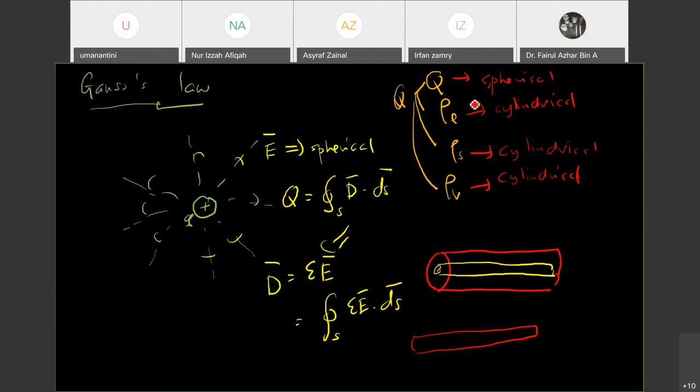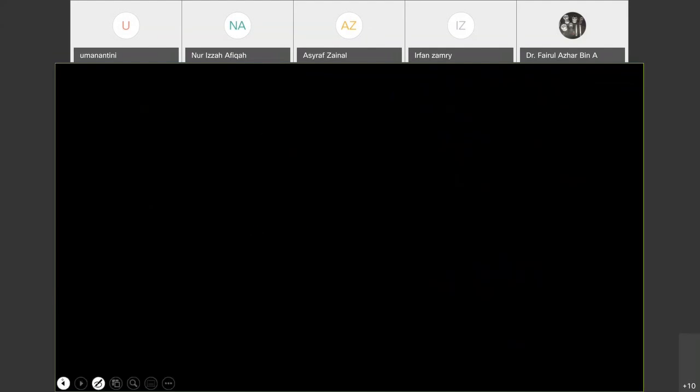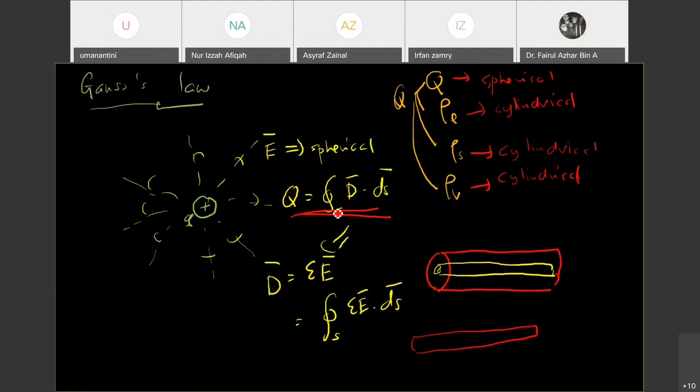Okay, so once you decide this one, then we go back to our Gauss law expression, which is this one. So kalau Q ni wujud dalam isolated particle charge dalam bentuk absolute value, then kita boleh guna directly lah. So kalau diwujud dalam bentuk density, so we need to use lah. So let's say the Q exists in a line density, then we have Q is equal to line integration rho L dot dl.